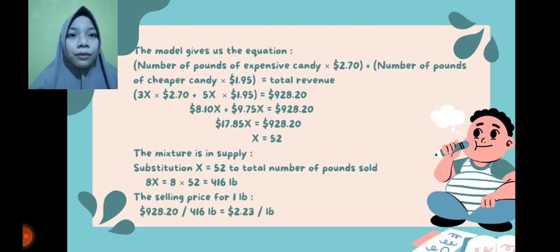The model gives us the equation: number of pounds of expensive candy times $2.70 plus number of pounds of the cheaper candy times $1.95 equals total revenue. 3x times $2.70 plus 5x times $1.95 equals $928.20, and then we get $8.10x plus $9.75x equals $928.20.